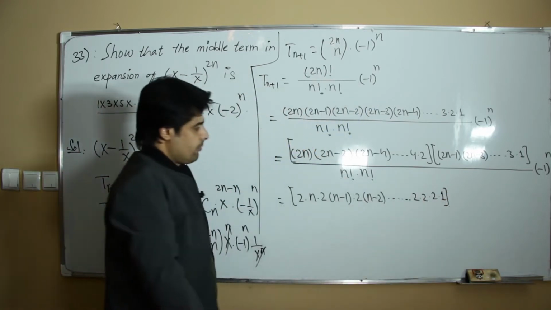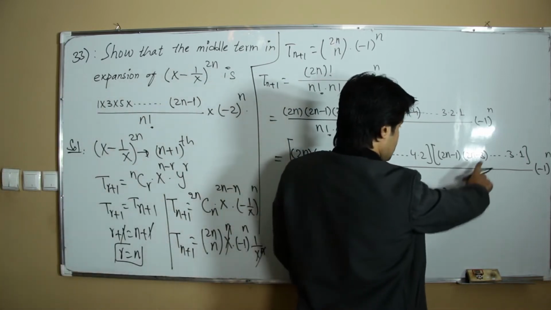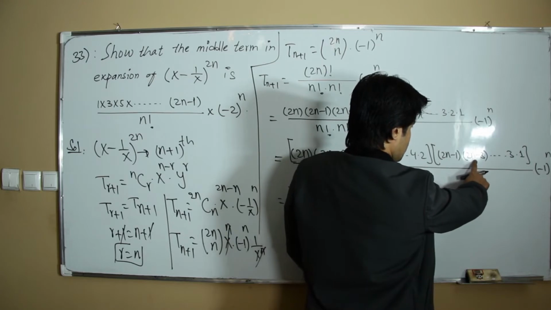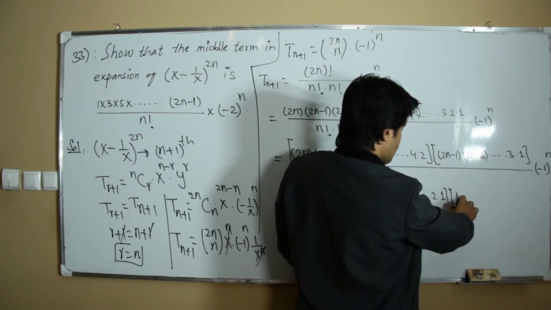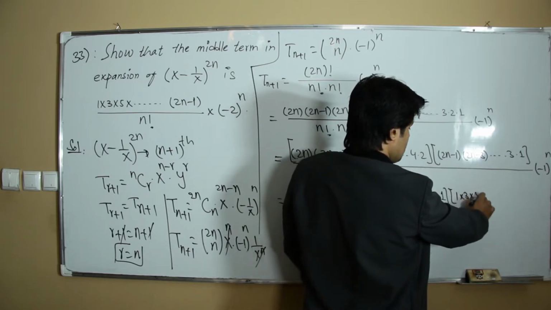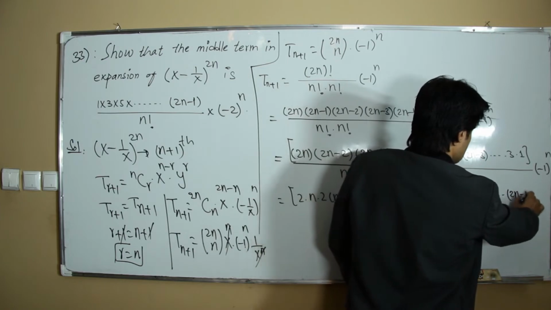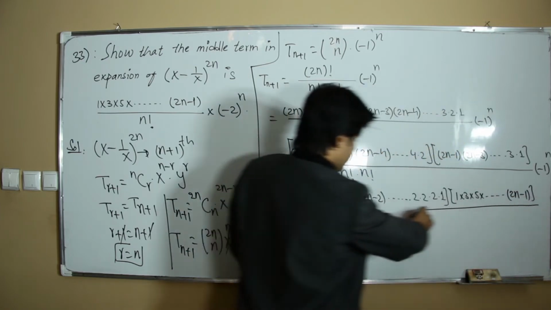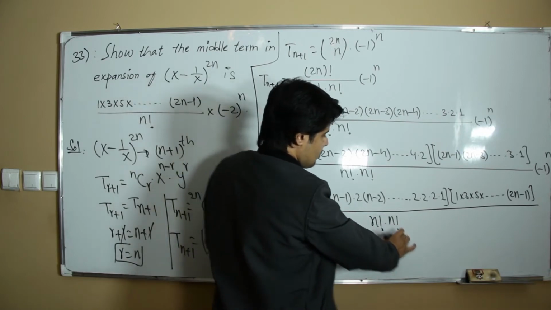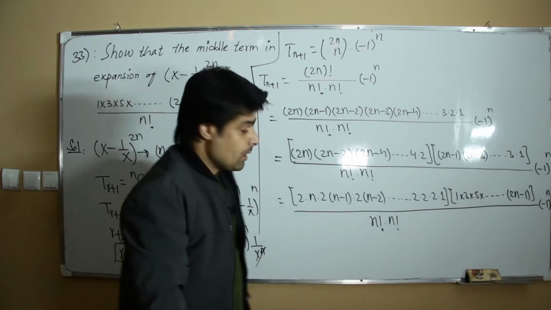This is our first bracket. The next one we have 2n minus 1, 2n minus 3, up to 1 times 3, then 5, up to 2n minus 1, divided by n! times n! times minus 1 raised to the power n.